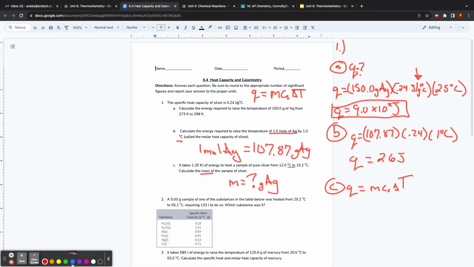But this time we are solving for M, not just Q. So M is going to be the heat over the specific heat times delta T. I'm going to plug my numbers in. So we get 1.25 joules of energy there.